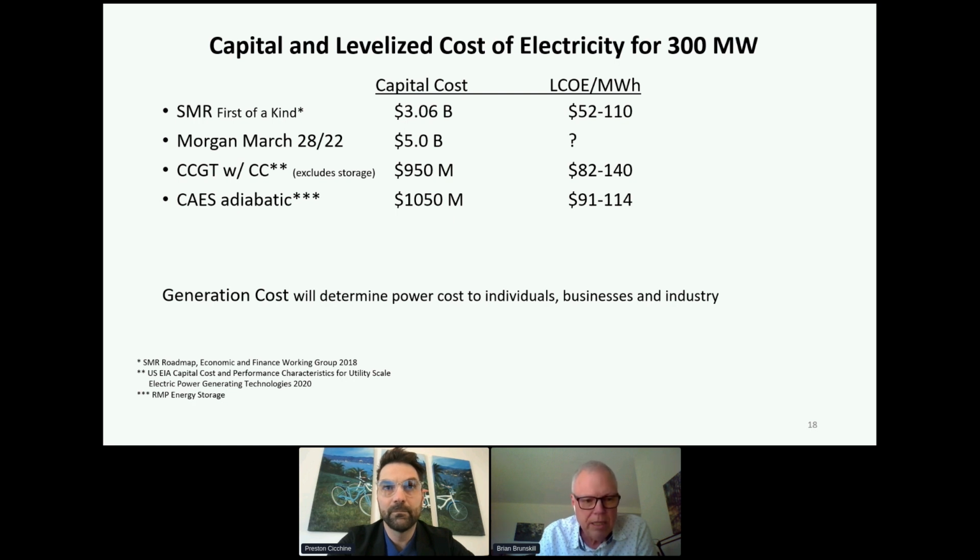With the addition of CAES technology being able to ultimately provide storage services to the other two, SMRs and combined cycle, as they would like to be operating at a base load rate and may require storage services as well. So I'm hoping that I provided enough information to have us seriously consider how compressed air storage could potentially fit within this energy supply mix in Saskatchewan.